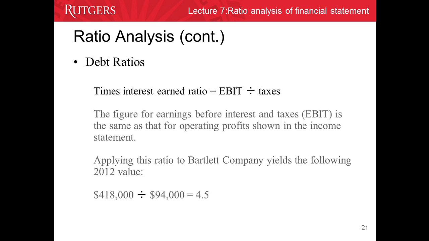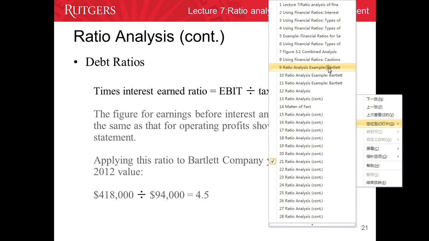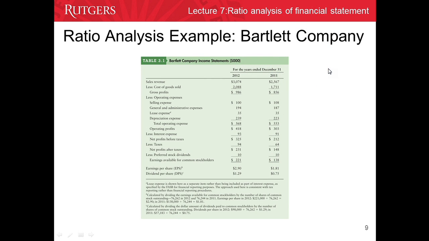Another debt ratio is the times interest earned ratio. It equals the earnings before interest and taxes divided by interest. So also let's go back to the income statement of Bartlett company first.